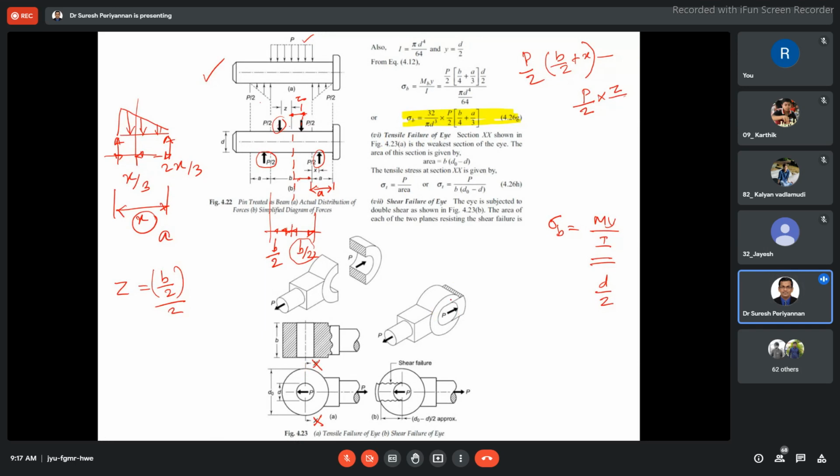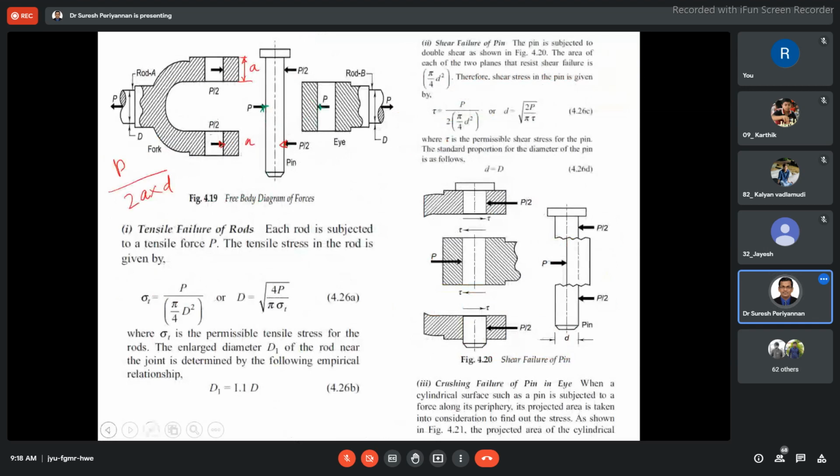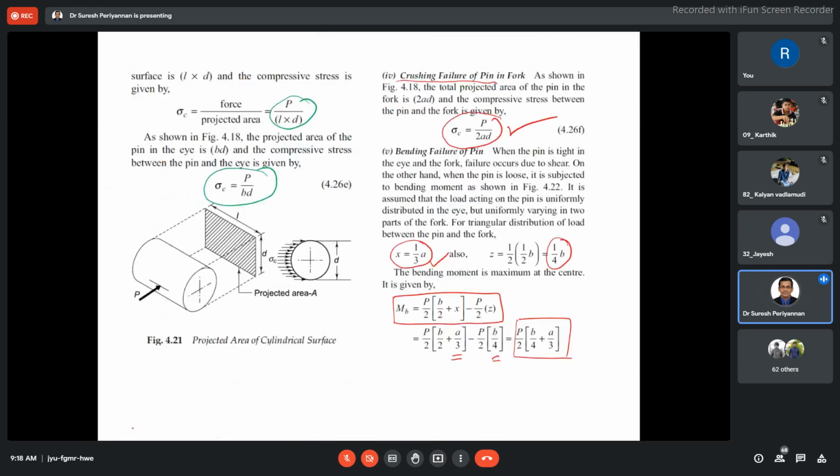When the load is acting, this is tensile. Where is the tensile acting? I tell you here. I come to this free body diagram, you can understand. Now, the I end is subjected to tensile in this region only, which we are considering here.